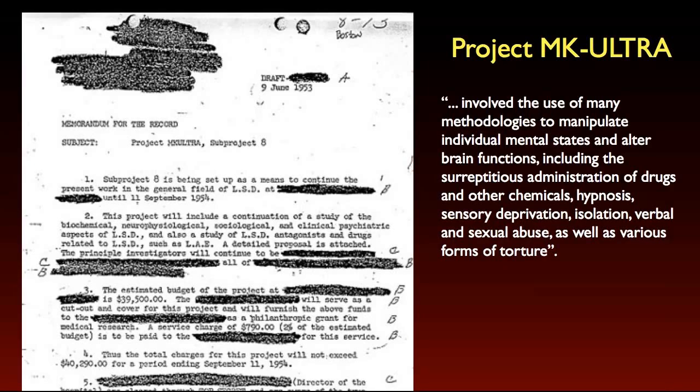If you search for MK Ultra on Wikipedia, you'll find an entry under that name. MK Ultra was the codename for a project that, and I quote, "involved the use of many methodologies to manipulate individual mental states and alter brain functions, including the surreptitious administration of drugs and other chemicals, hypnosis, sensory deprivation, isolation, verbal and sexual abuse, as well as various forms of torture." Unquote.